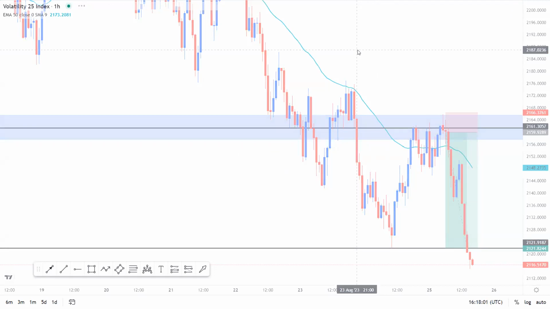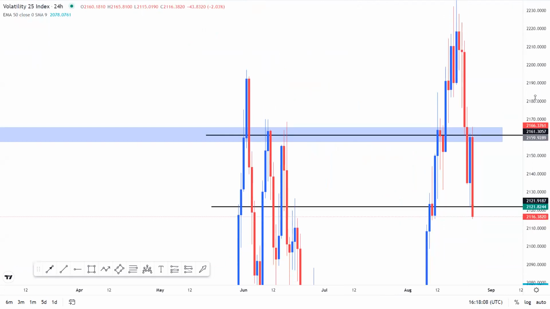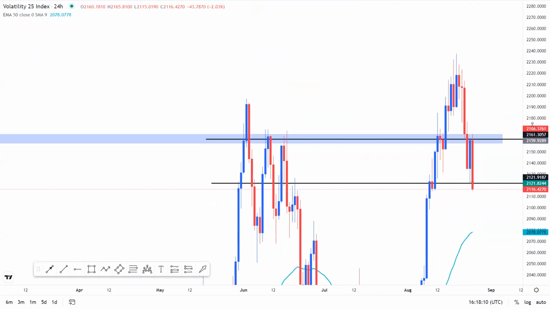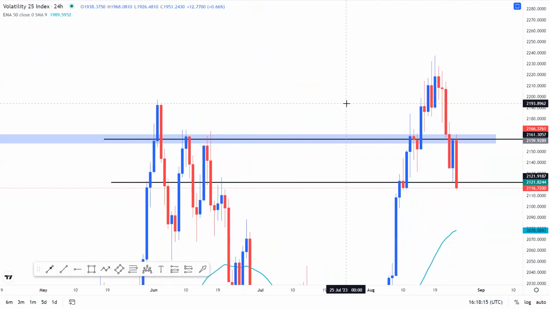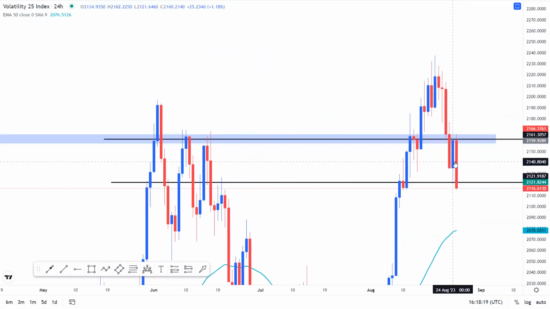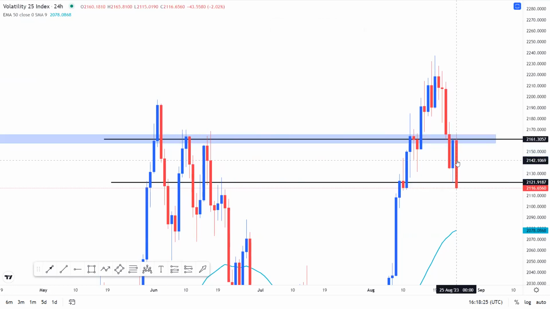Looking at the daily time frame, now some 2 days ago, I actually was looking to buy volatility 25 index at the level right here.